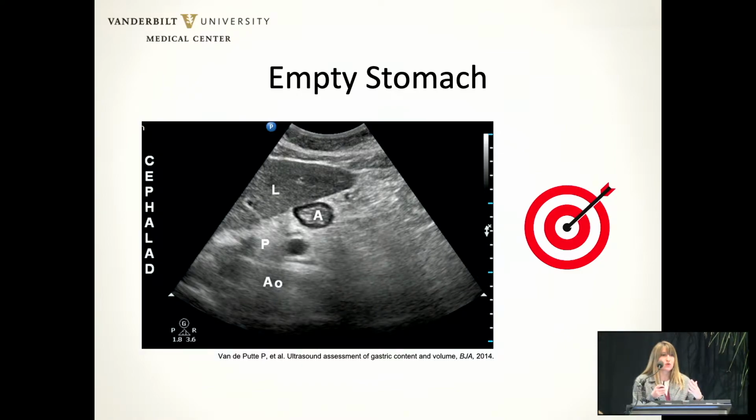And this has been described as a bullseye or a target pattern. Okay, so everything in point of care ultrasound has a cute name. In lung we have sandy beach and barcode sign, if you are familiar with any other types of point of care ultrasound. So for gastric, we have the bullseye, okay? That's an empty stomach.